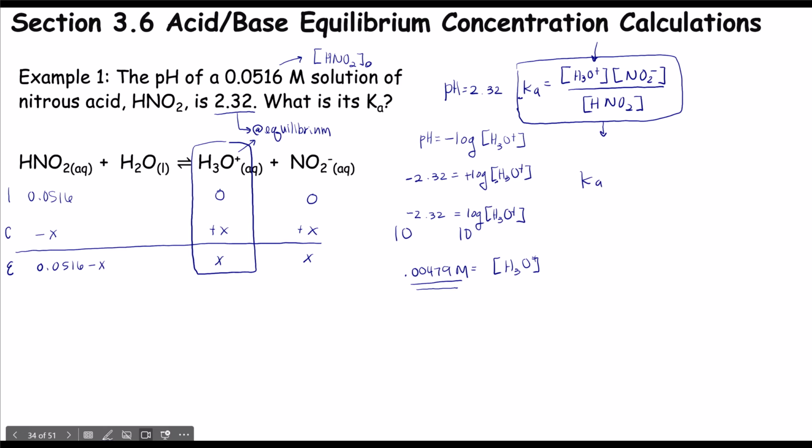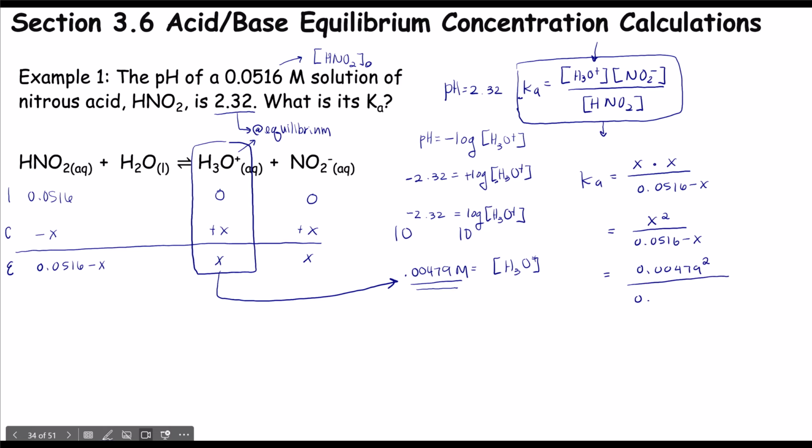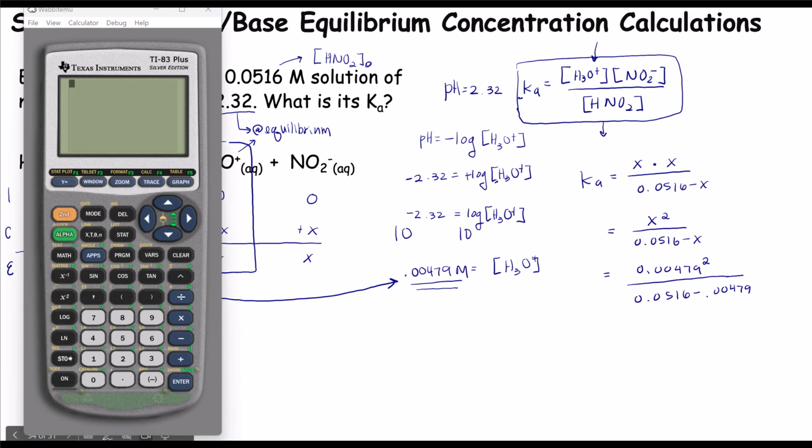We can see this as X times X all over 0.0516 minus X. Or we can rewrite this as X to the second power over 0.0516 minus X. Well, we know that X is the hydronium ion, which is the same thing as this. So therefore, it is 0.00479 to the second power all over the subtraction of 0.0516 minus 0.00479.